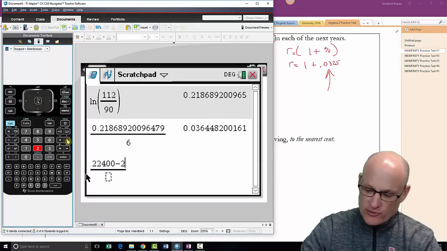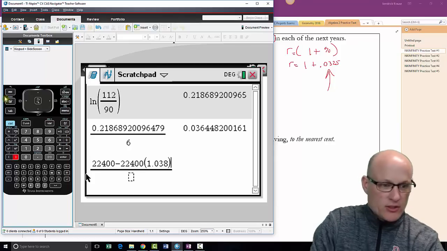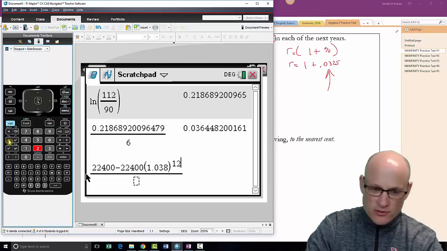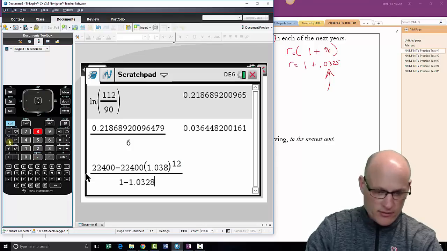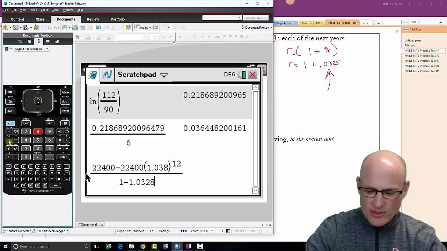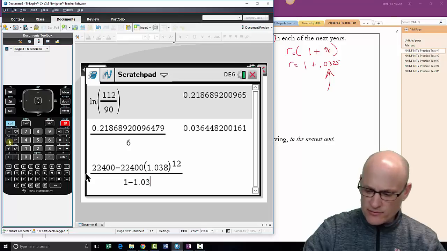22,400 minus 22,400, parenthesis 1.0325, parenthesis raised to the 12, all over 1 minus 1.0325. Is that right? Oh, 0325. Why am I using 38? Maybe I should use the right number.